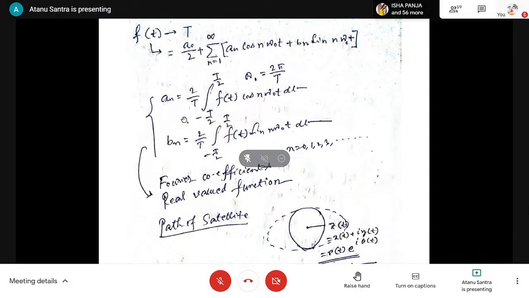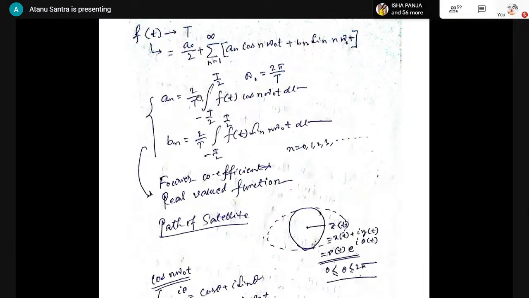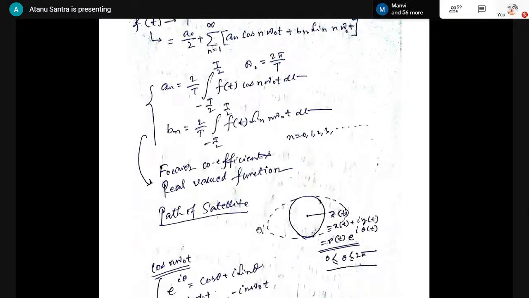And an and bn are defined as 2 by T integration from minus T by 2 to T by 2 of f(t) cosine of this function and sine of this function. So this is the expression of an and bn. The Fourier coefficients are a real valued function, with the cosine term here and the sine term here.